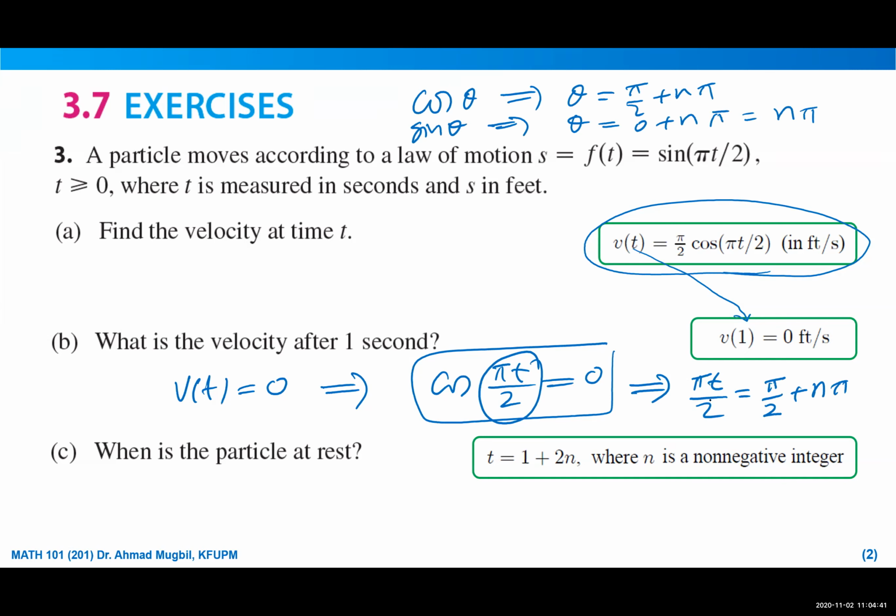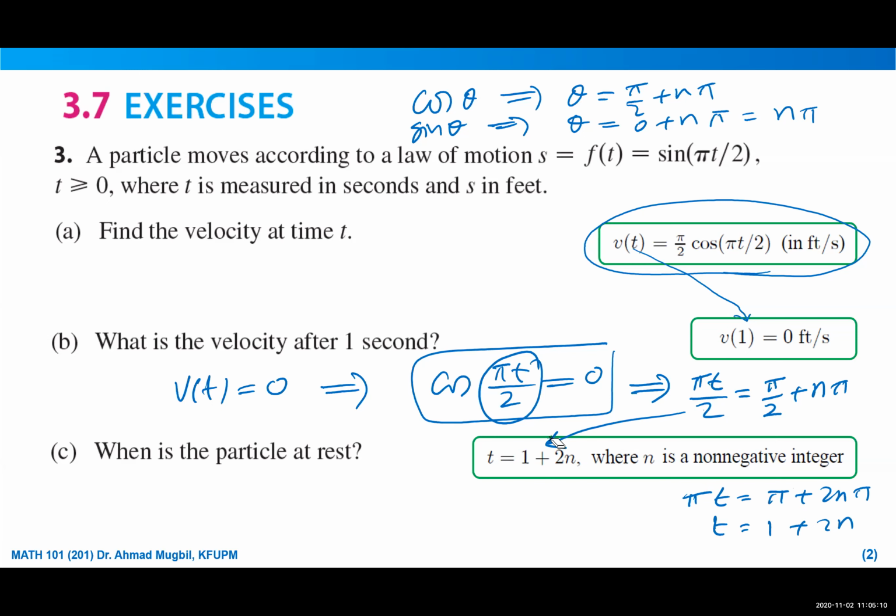So now we need to solve it for t. Multiply both sides by 2 over pi. If you multiply by 2 over pi, you will have this. If you multiply by 2, it will be pi t equals pi plus 2 n pi. Then divide by pi, it will be t equals 1 plus 2n.